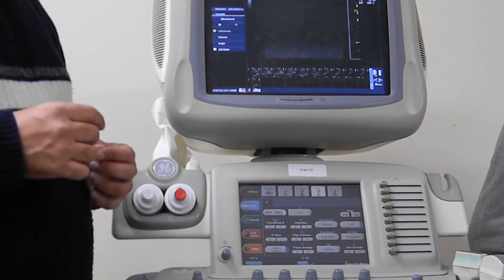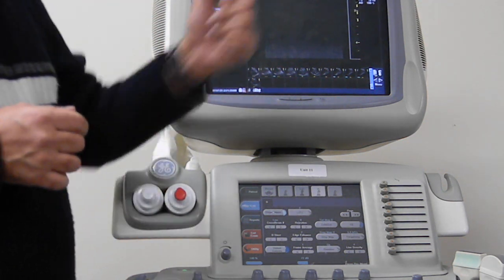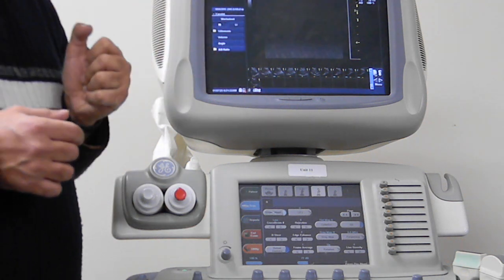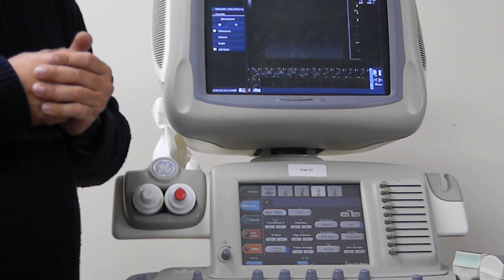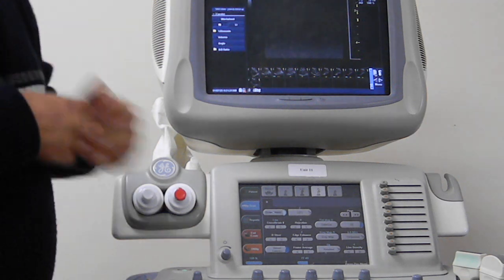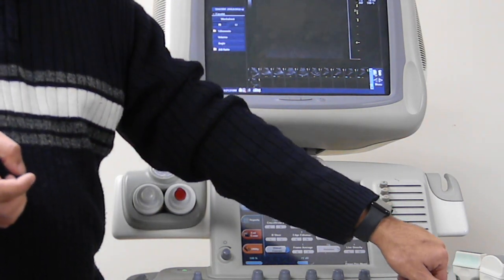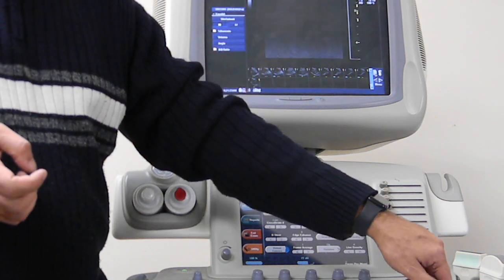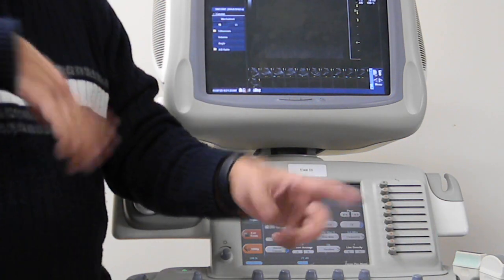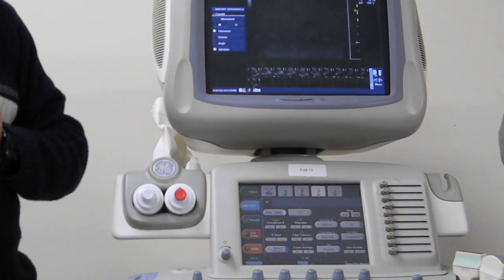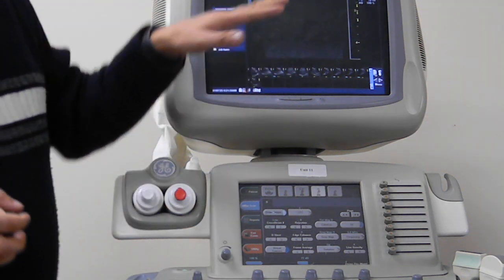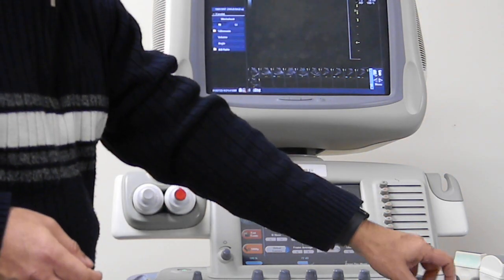Some of you will say, well, my steering wheel has that system, I just touch a button on my steering wheel. Good for you then. But generally any knob: increase clockwise, decrease anti-clockwise. So this was your B mode.